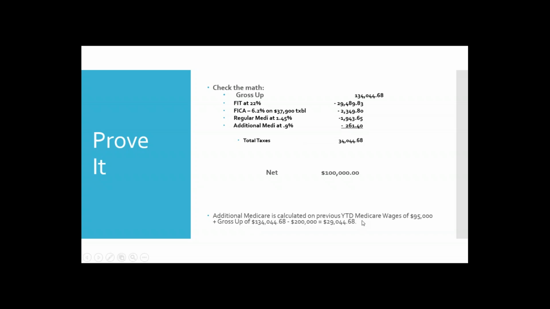And again, additional is calculated on the previous year-to-date wages of $95,000 plus this check's gross up of $134,044.68 minus $200,000 gives us for this check a taxable of $29,044.68, and that tax would be $261.40. All of your taxes add up to $34,044.68, leaving a net of $100,000.